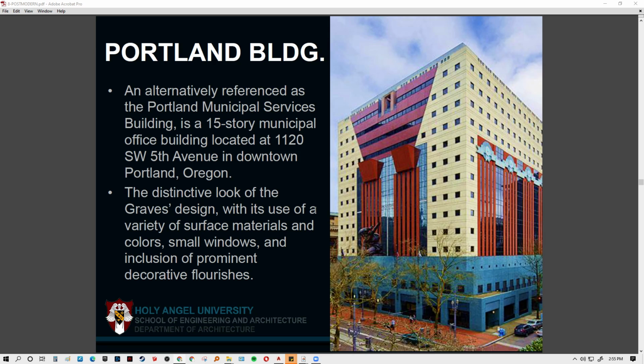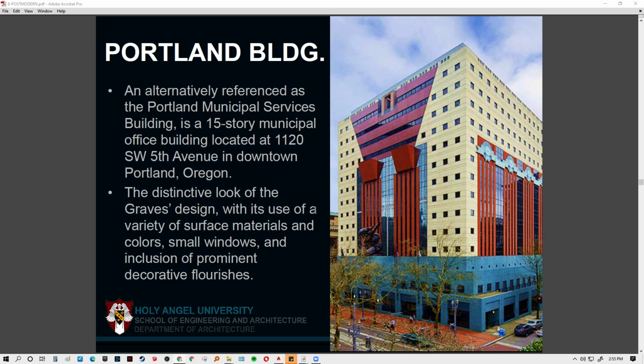Like this one, the Portland building located in Oregon, the distinct look is based on the windows. However, with this one, he used smaller ones, but the same frequency, same spacing, then a variety of surfaces and a variety of colors used in each section.